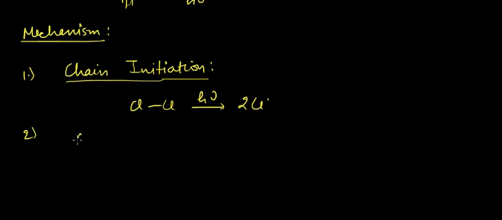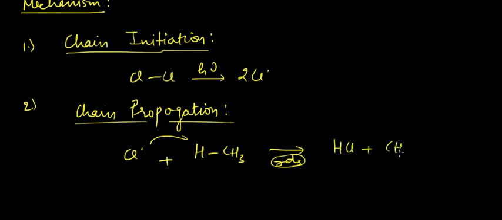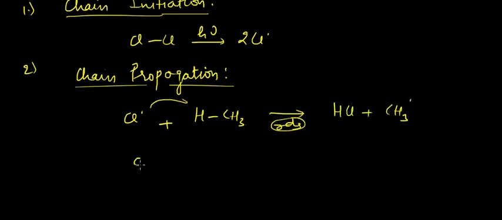Then next is chain propagation, in which a Cl dot will attack one of the H from CH4, and this is the RDS, and as a result we will get HCl plus CH3 dot. And this CH3 dot reacts with more Cl2, and we get CH3Cl plus Cl dot.